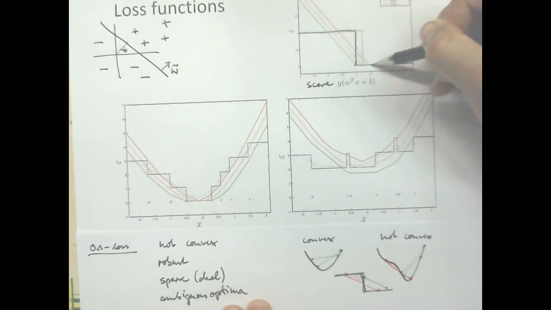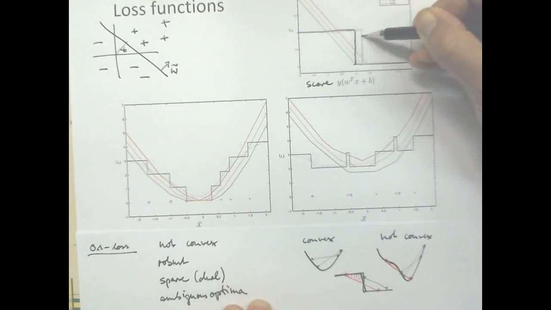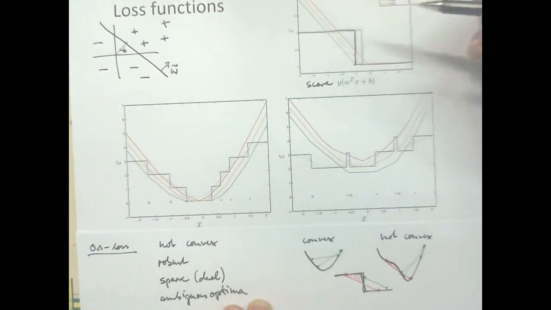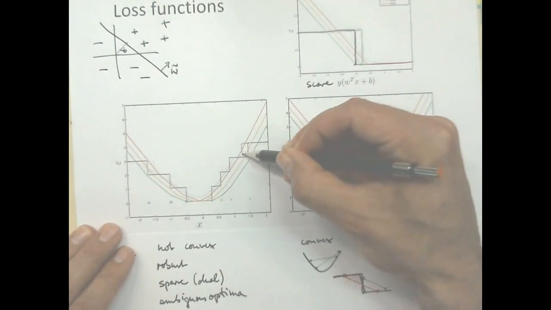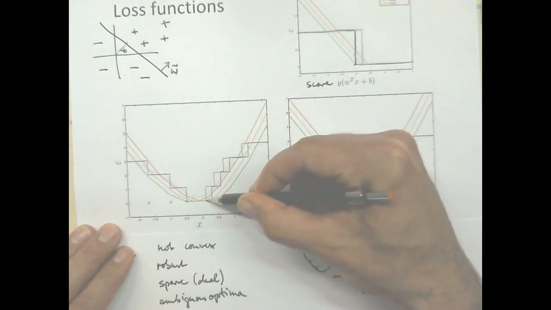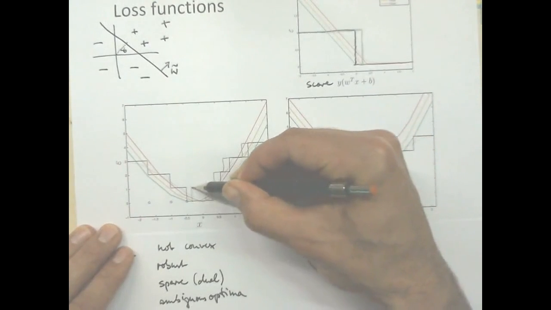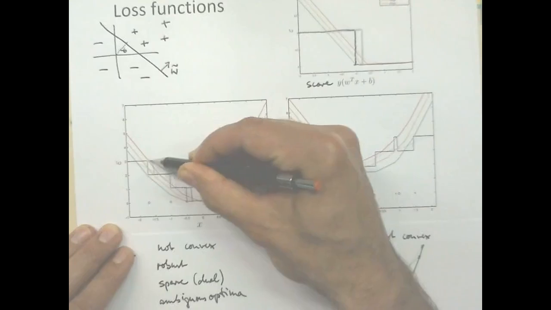And so we already have an error, not just if a sample lies on the wrong side of the decision boundary, but if a sample even comes close to the decision boundary, it already gets an error. And this results in this dotted loss function that you see here. And you can see that the range of ambiguity has now been reduced.